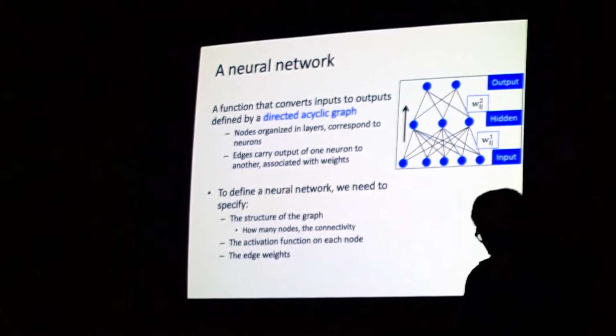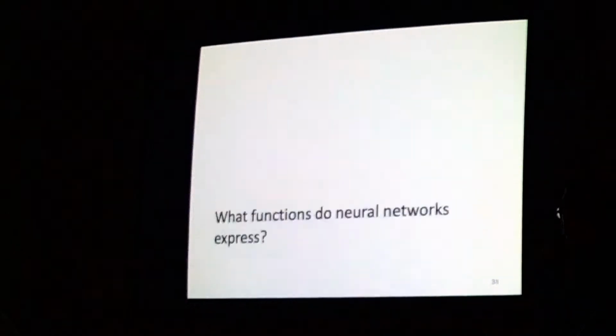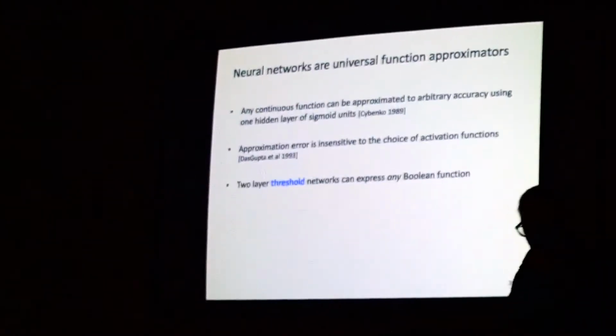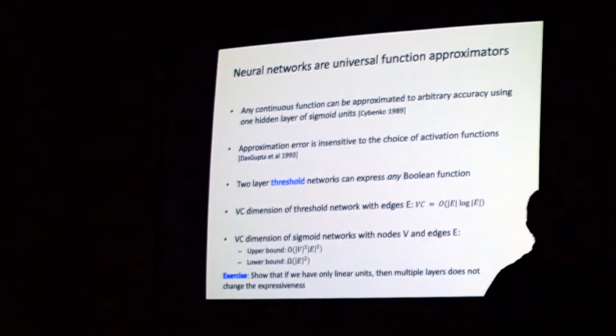But the power or the capacity of such a model is very surprising. We have mentioned a simple neural network based on threshold activation function to show how expressive it is. Now, are there any questions regarding the definition of neural network?